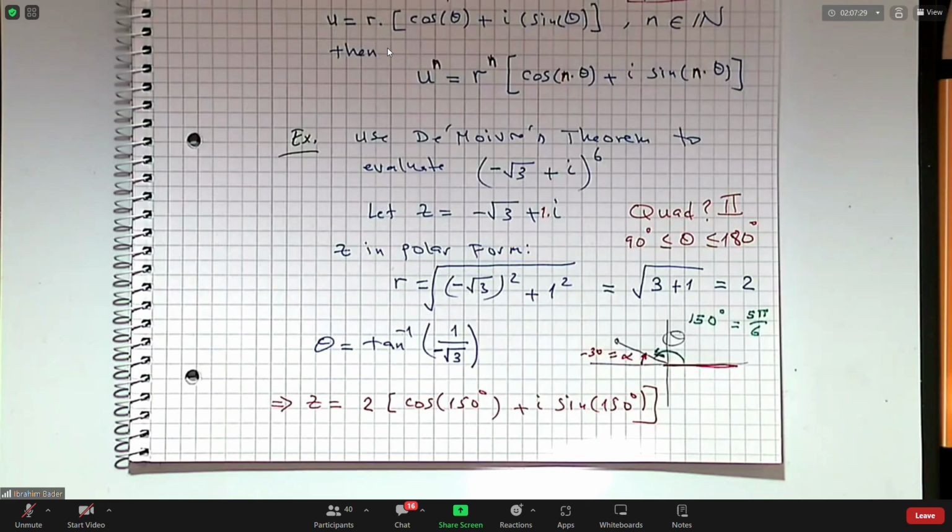I don't know, square root of 3 is 1 point something, right? Of course, this you can get into decimal format, right? Now you can break this down again. You can just evaluate cosine of 150 and then multiply it by 2, and then plus i sine of 150 multiplied by 2, and see whether you will be getting the original number we started with, z.